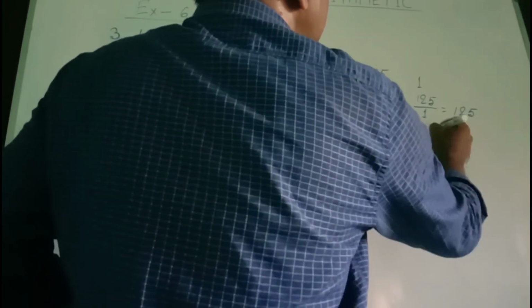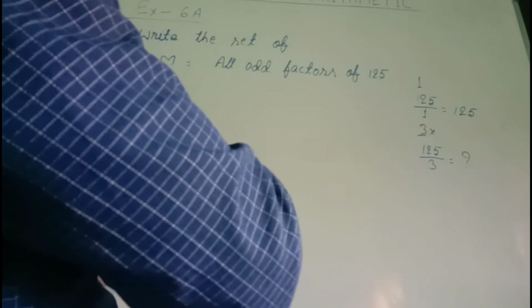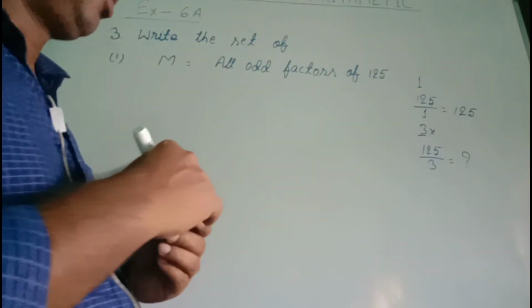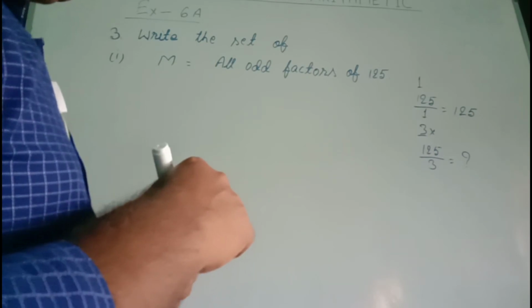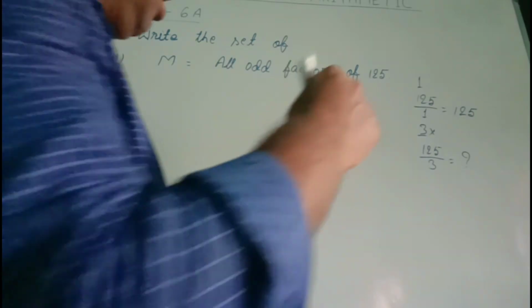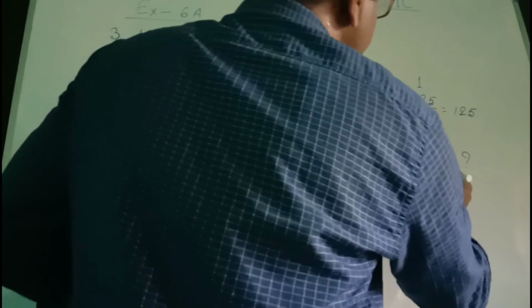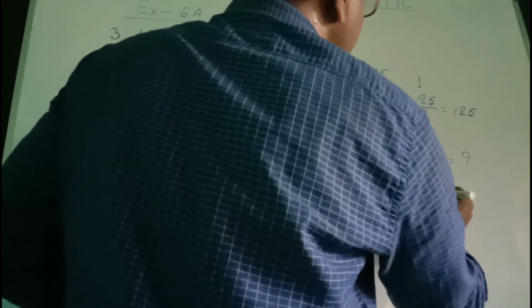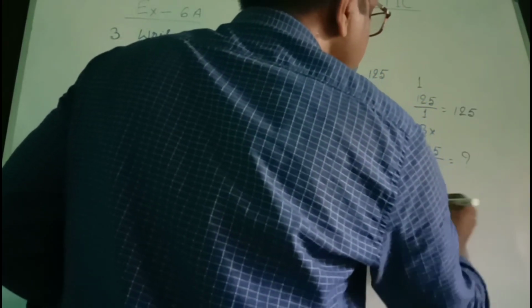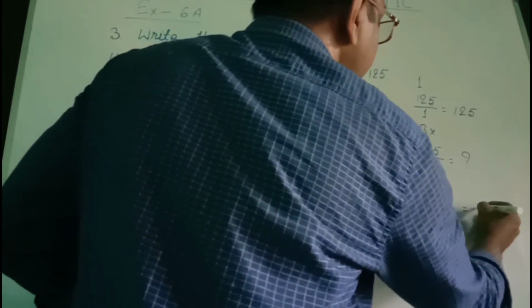So we can't take it as an odd factor of 125. 125 should be completely divisible by the odd factor. Now 4 is not odd, so second we take 5. 125 is completely divisible by 5, and we write 25.